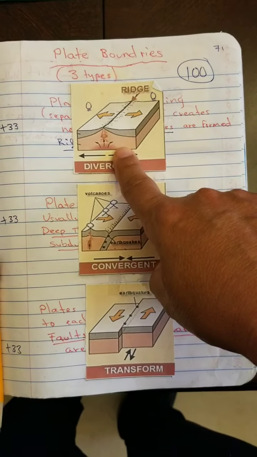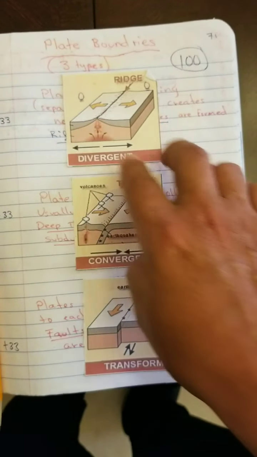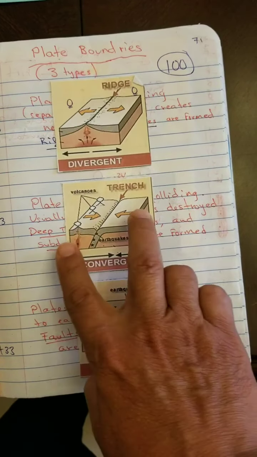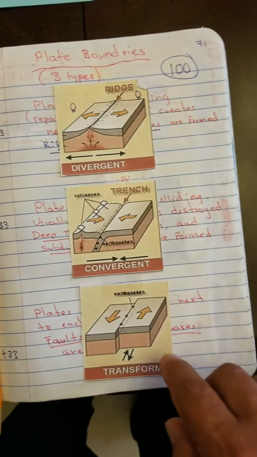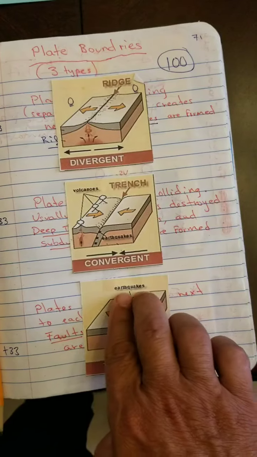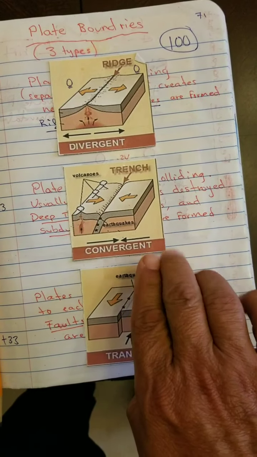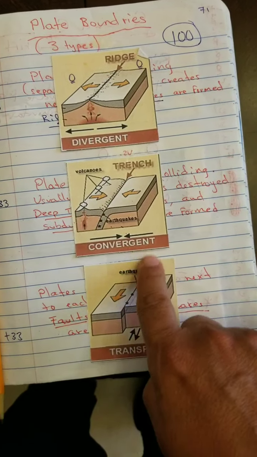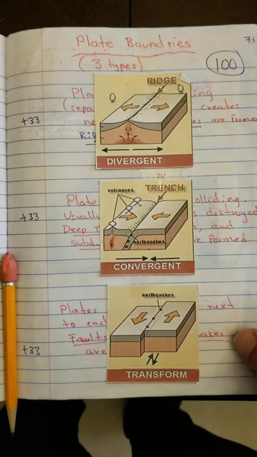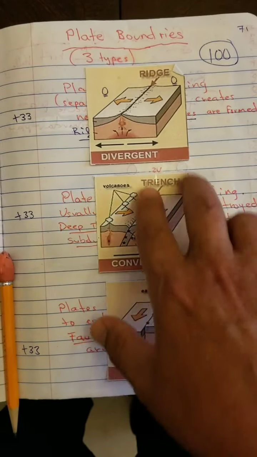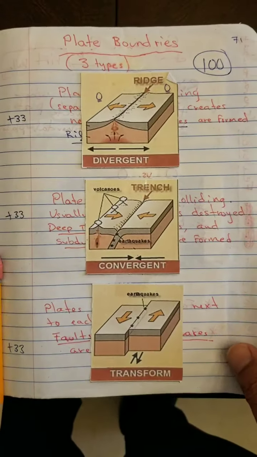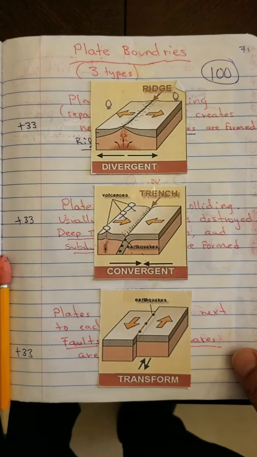We have divergent boundaries when the boundaries separate, convergent boundaries when the boundaries collide, and transform boundaries when the boundaries slide next to each other, right? Sliding next to each other. So whenever this type of boundaries occur, there's many features that happen along with that. So that's what we're gonna be learning today.